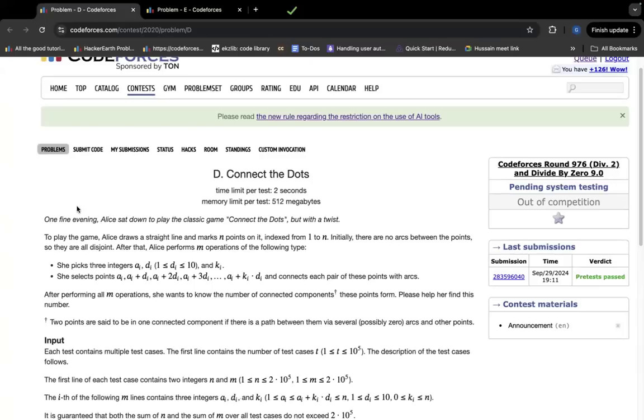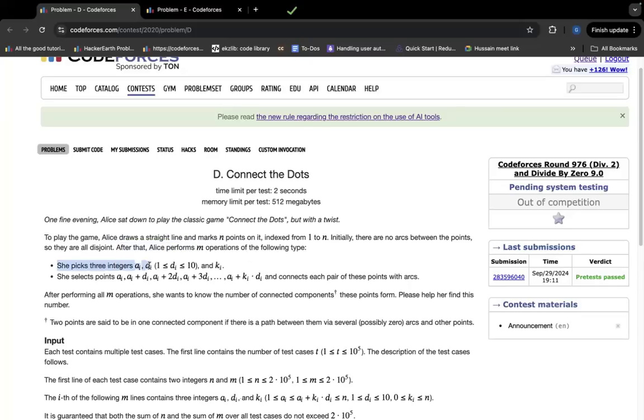Okay, let's move on to problem D. What does problem D say? Problem D says that to play a game, Alice draws a straight line and marks n points on it, indexed from 1 to n. Initially, there are no arcs between the points. They are disjoint. After that, Alice performs m operations of the following type.